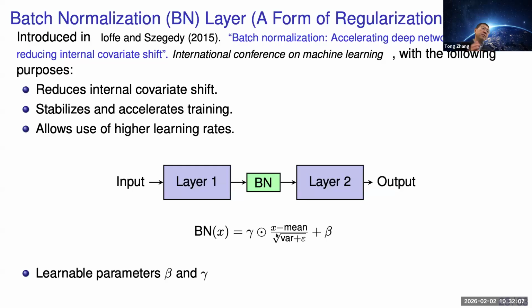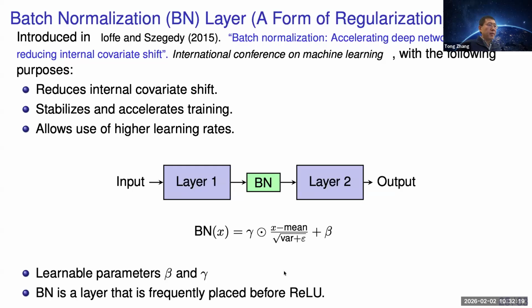Actually, for the CNN it could be different; they could be only on the channel. I have to look at that. Essentially this one is a vector, placed before the ReLU. For the first layer, I think it just works with the channel.